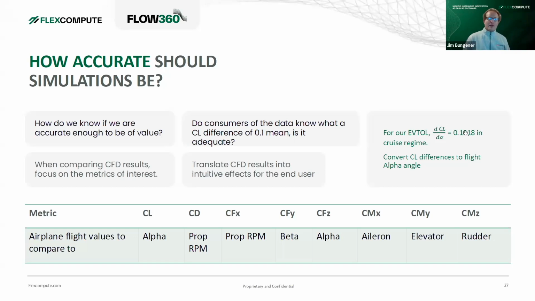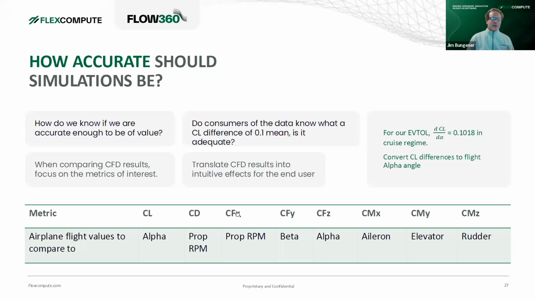So for every angle of attack change of 1 degree, we get a 0.1 change in CL. So now, instead of saying I have a CL difference of 0.1, you could say it's equivalent to an alpha difference of 1 degree. And now the pilot is being given information in a language that they understand. You could transform CD difference into pushing prop RPM, or your propeller RPM.